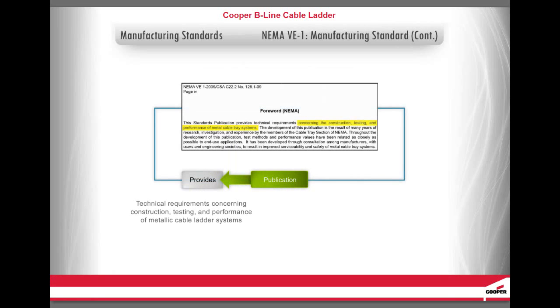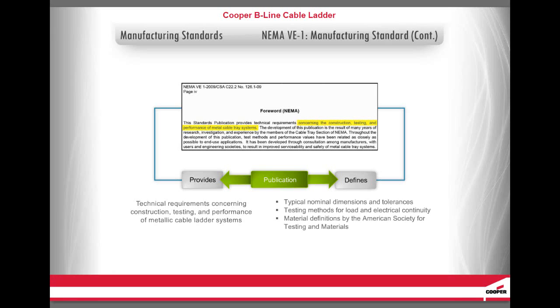The publication provides technical requirements concerning the construction, testing, and performance of metallic cable ladder systems. It defines typical nominal dimensions and tolerances, testing methods for load and electrical continuity, material definitions by the American Society for Testing and Materials, and labeling requirements.